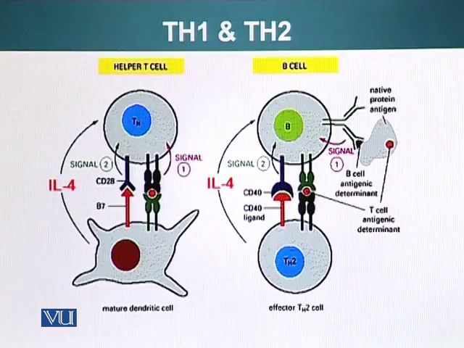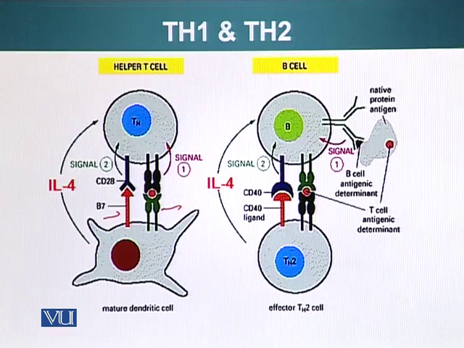So our helper T cells, as we have already talked about, get activated by mature dendritic cells. Mature dendritic cells display B7, which is the second signal. This is the first signal. Again, we have talked about that.